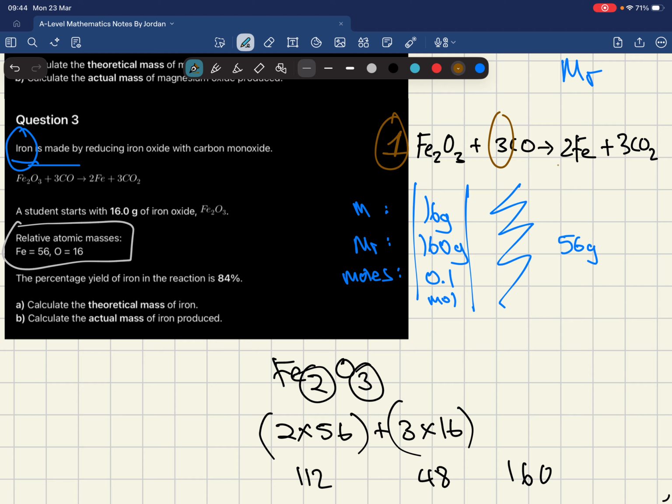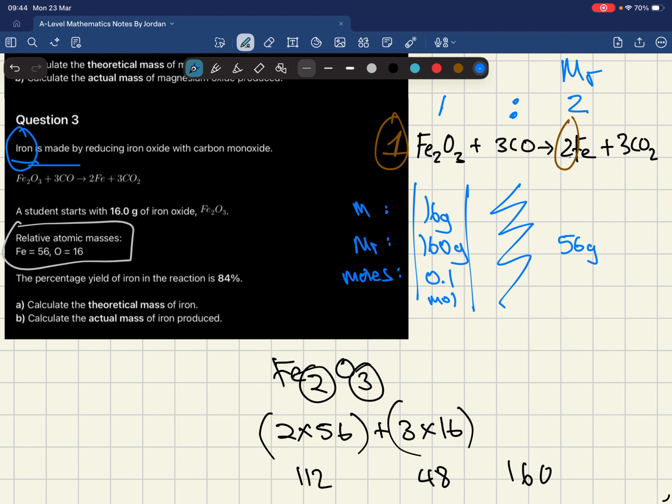There's actually a 3 there, a 2 there, and a 3 there. But we're not interested in all of them. We're only interested in this one, because this is the one we have the moles for, and this one. So notice it's just simply 1 to 2.